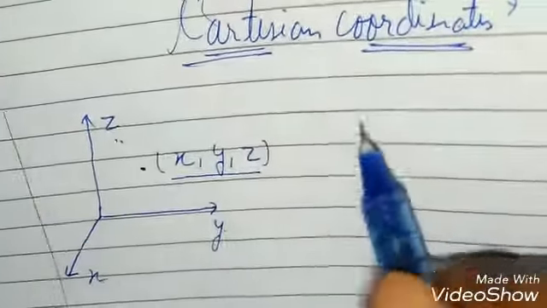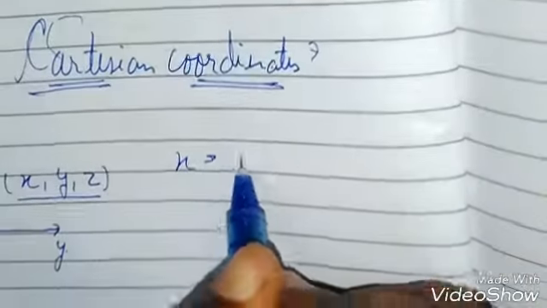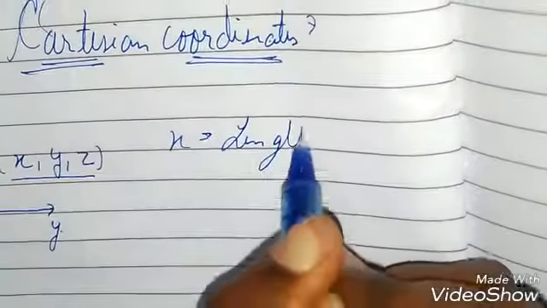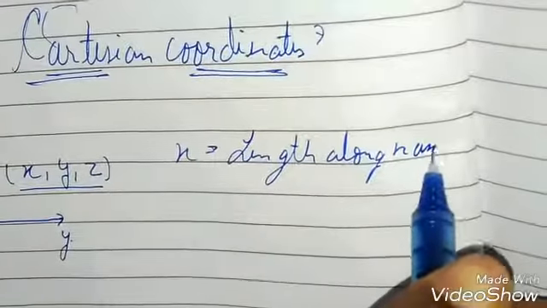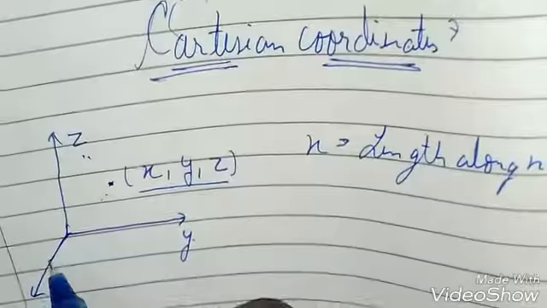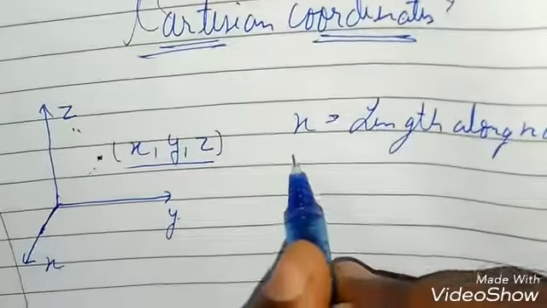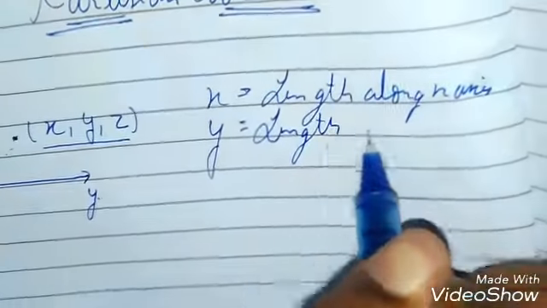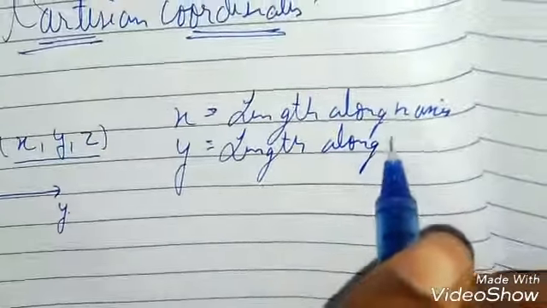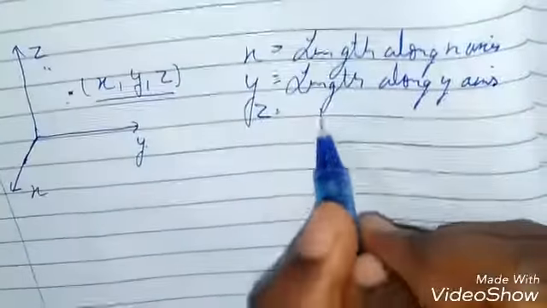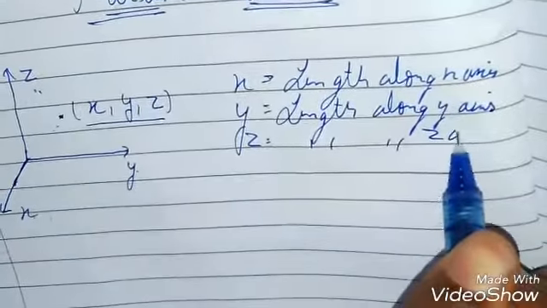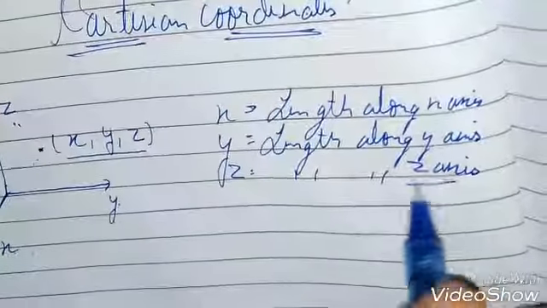Here x represents the length along the x-axis, meaning how much length this point has covered along the x-axis. The y here represents the length along the y-axis, and z here represents the length along the z-axis.